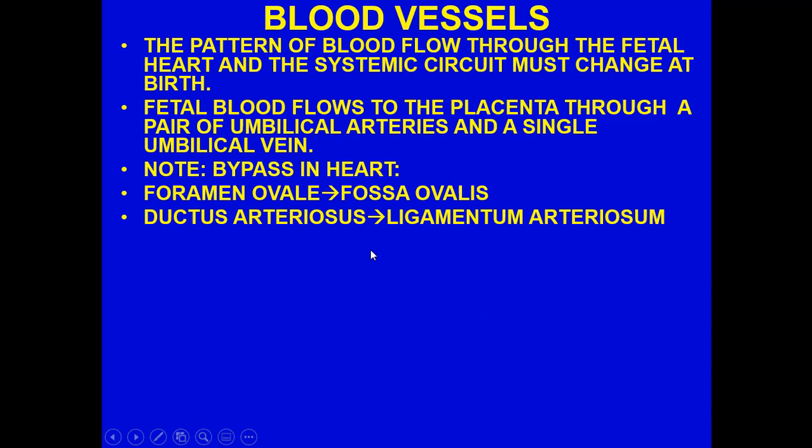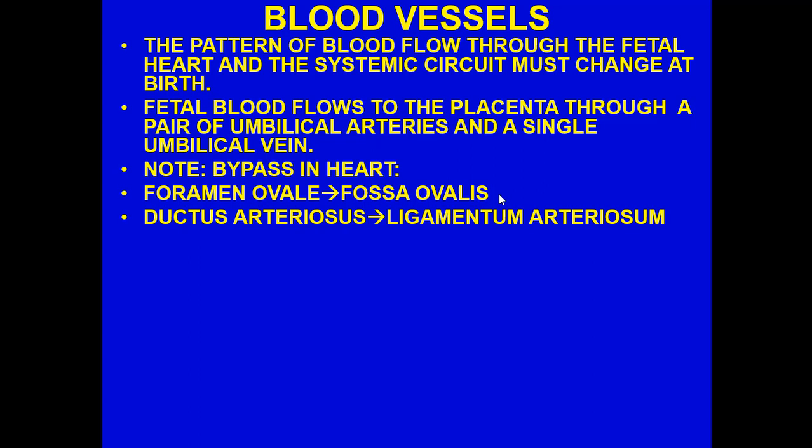So you have to see the structures of the foramen ovale, which eventually develops into the fossa ovalis after birth. This is the little hole that shuts closed and eventually fibroses over. If it doesn't, then surgeons have to go in and close it up for the infant. The same thing with the ductus arteriosus.